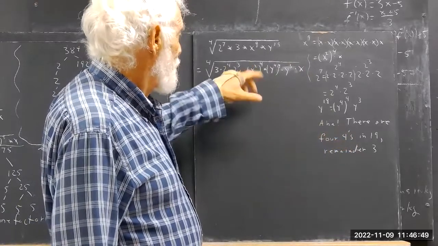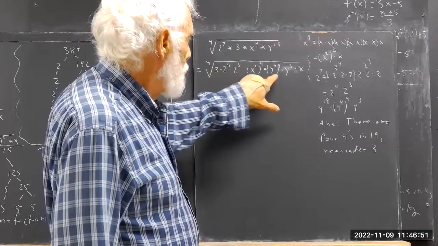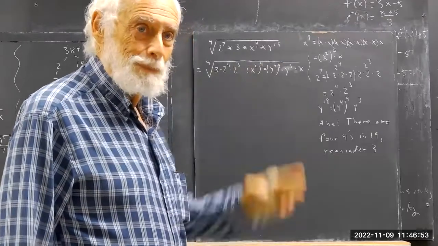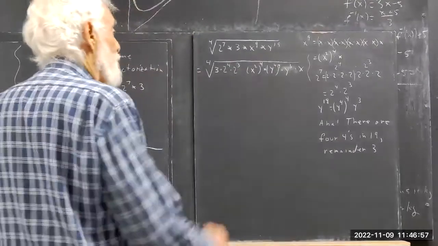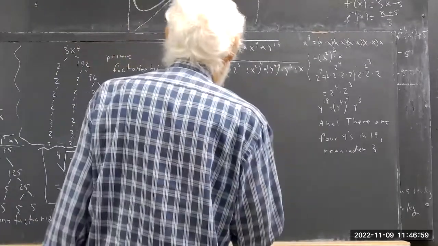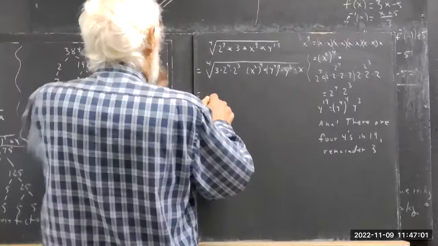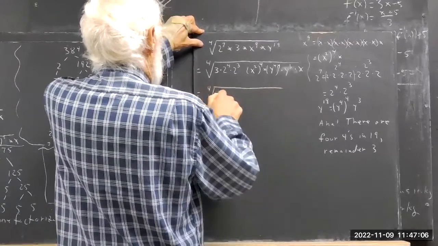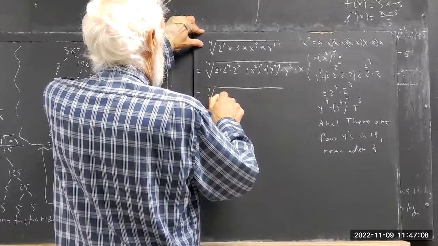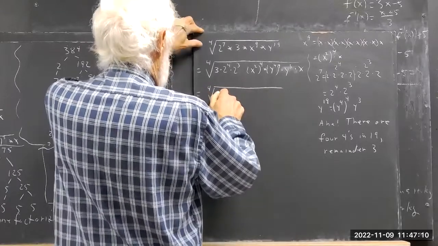Every group has 4 on it, okay? And I have all the stuff that's left over. And now I'm going to write that out. I'm going to change the order. I'm going to put the 3 out in front.